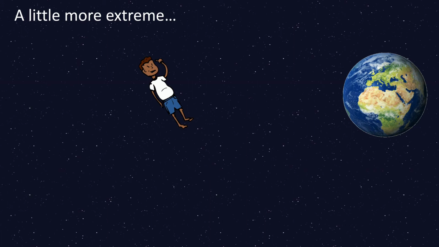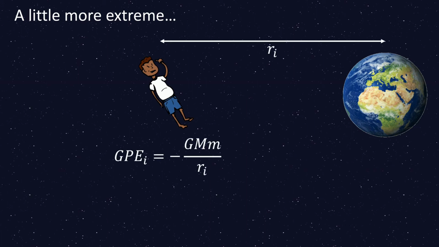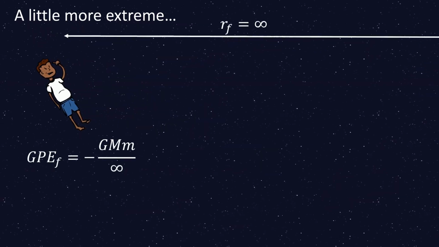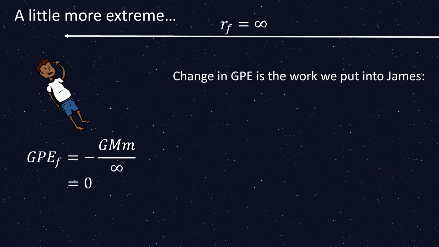Now let's take a little more extreme example. If James starts out at the same distance from the Earth, Ri, but then moves infinitely far away from the Earth, his final gravitational potential energy is given by negative GMm over infinity. This is equal to 0. So what do we have now? The change in gravitational potential energy is the work that we put into James in moving him from Ri to infinity.